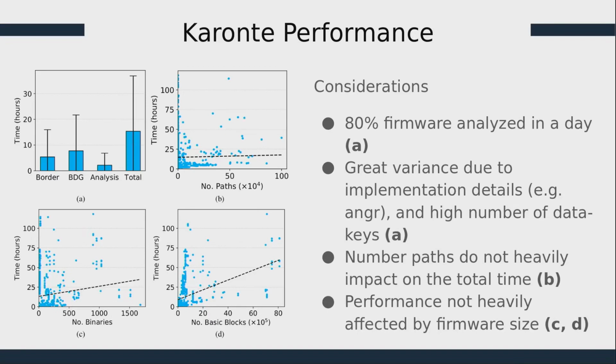Also, as you can see from the second picture from the top, the number of paths does not heavily impact the total time. And as you can see from the bottom two pictures, performance is not heavily affected by firmware size. Firmware size here means the number of binaries in a firmware sample and the total number of basic blocks.